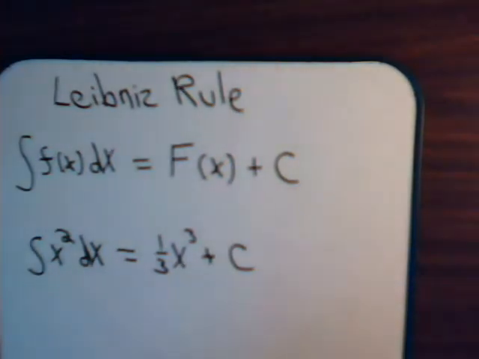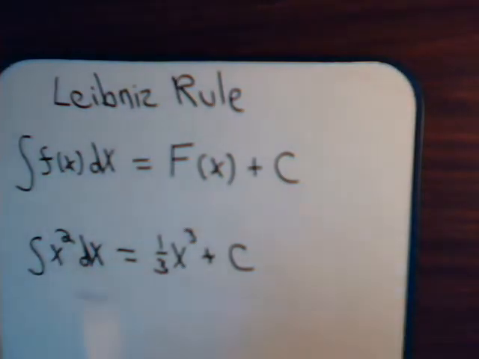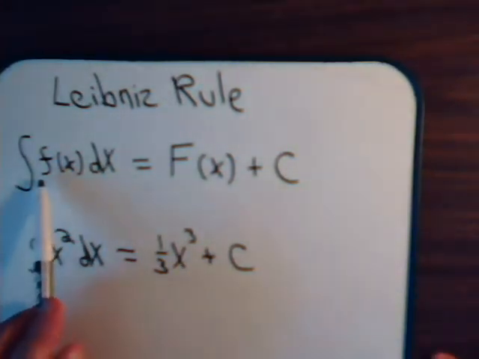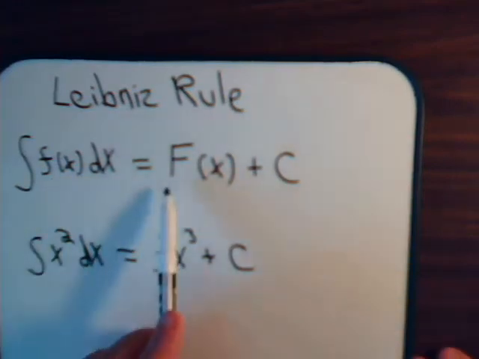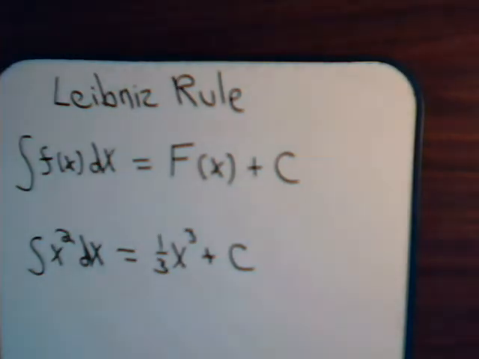But here, for this problem, small f of x is x squared, large F of x is 1/3 x cubed. But anyway, if we're taking the integral of some function f of x, it's going to give us a different function. We'll call it capital F of x.